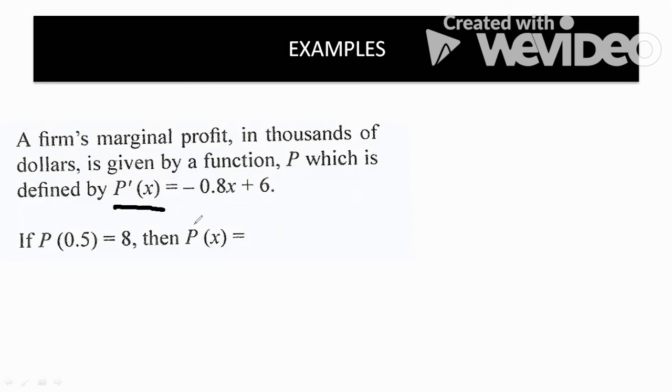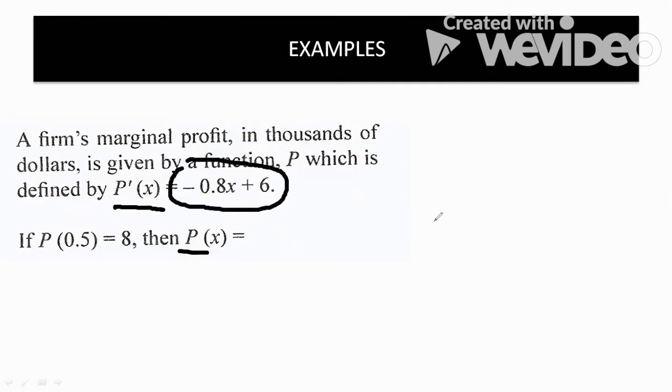And they want us to find p. All right? So remember, you know, from p to p prime we have to differentiate it, not true? But now they give us p prime and we want to go to the original thing. So we're going to have to what? We're going to have to, yes, you're correct. We're going to have to integrate p prime. All right, so we're going to integrate p prime. So we're going to have to integrate this term here.